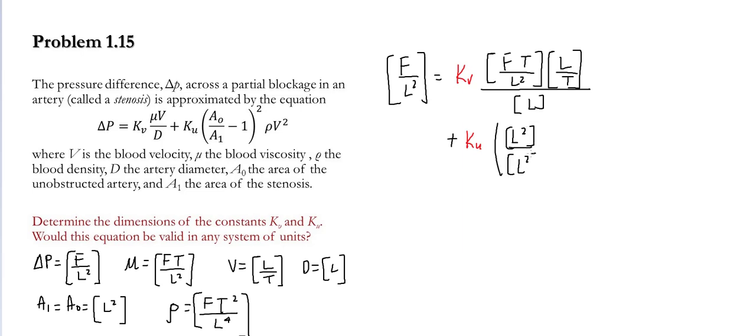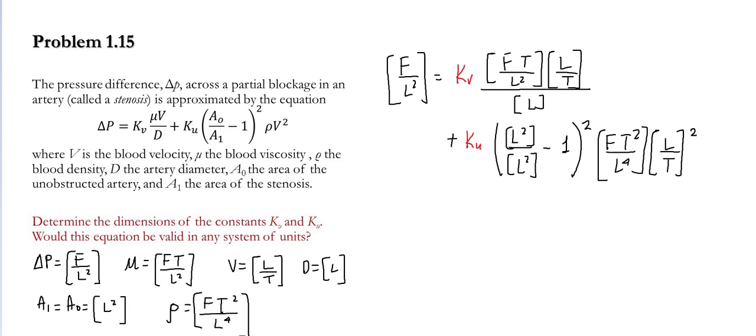The dimension of the other area is length squared, minus 1, and this is going to be squared. Density is going to be force times time squared over length to the fourth. And then velocity is length over time, and this is squared.